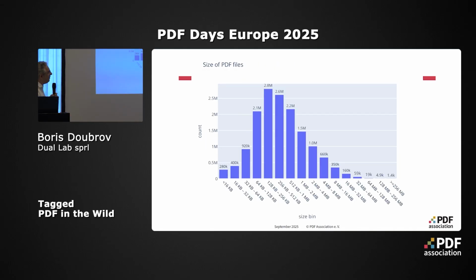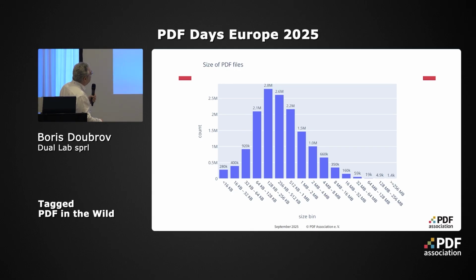Well, size of PDFs, that's also quite interesting to understand, and you see this almost normal distribution here. It's really something you would expect, that with so many files in the collection, you would have the law of large numbers working, and you would have something like this present.